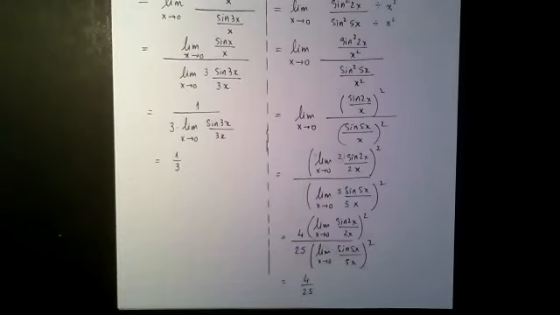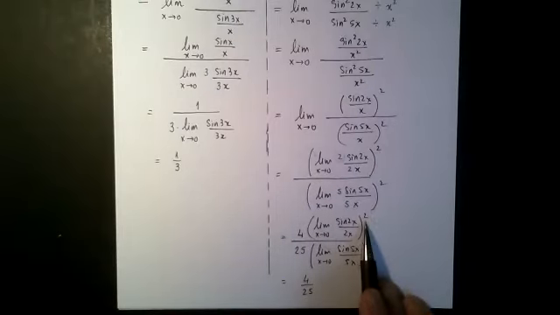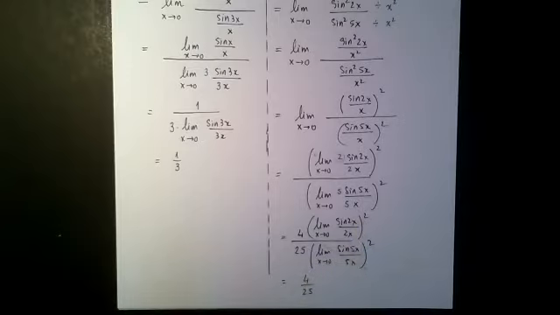Like, the power 2 stays there? Which power 2? This one here? Yeah, this one. Of course it stays, why not? It doesn't disappear. What happens is that what's inside is 1. This we know is 1 now. And 1 to the power 2 is 1. Okay. You understand? Yeah. You sure? Yes. Okay.